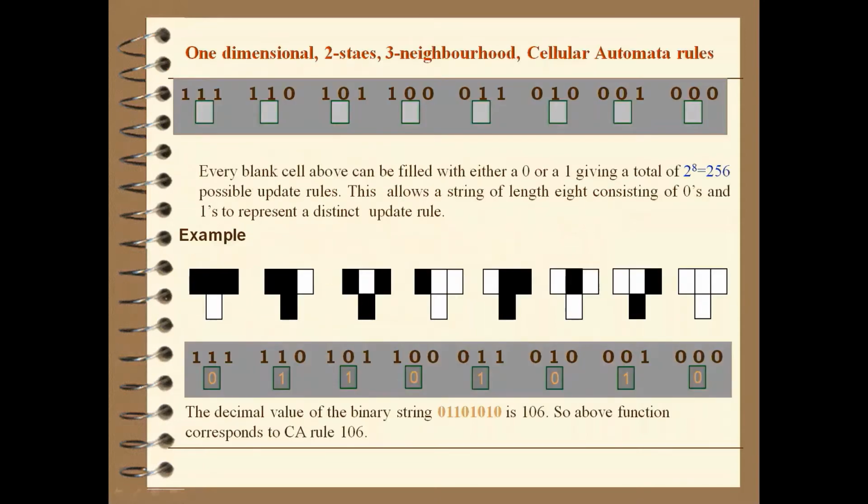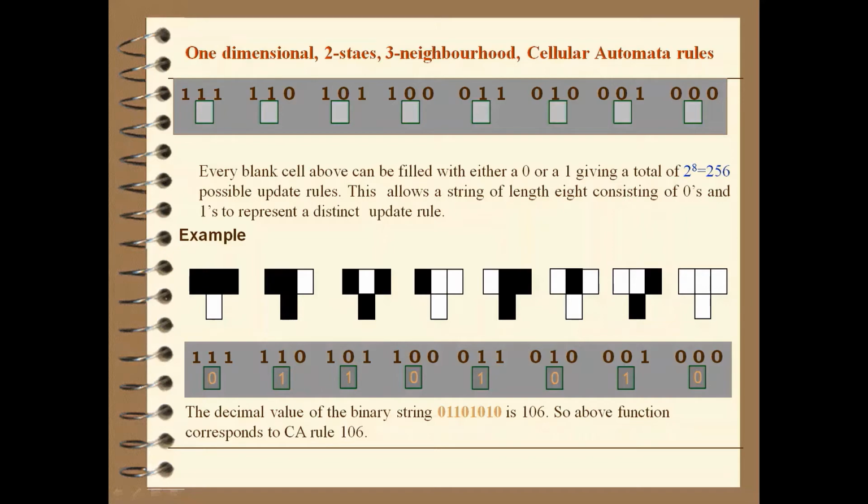And this is an example of CA. Each blank cell can be filled up by either 0 or 1. So the total number of rules is 2 to the power 8 equal to 256. In the next example, if each blank cell is represented by 1 and each white cell by 0, then we get a string, and that string is 0 1 1 0 1 0 1 0, whose decimal value is 106.